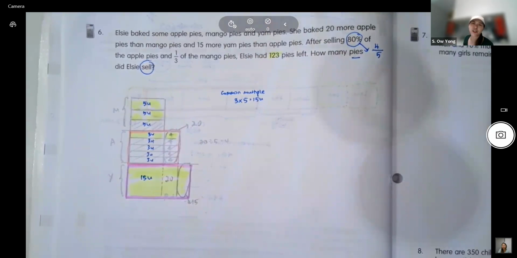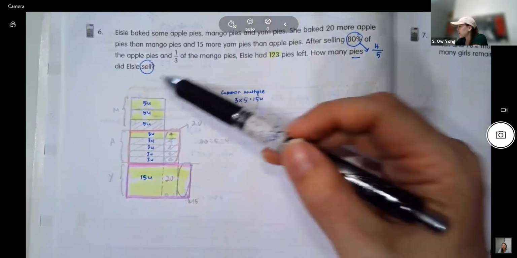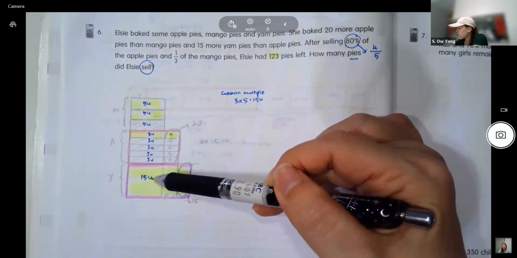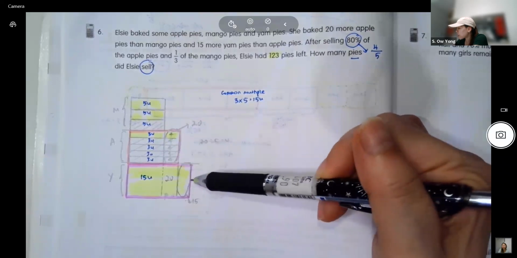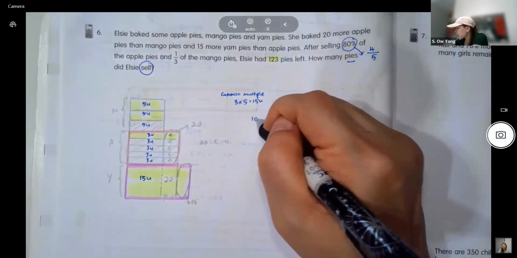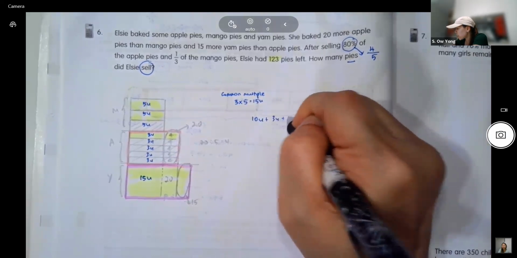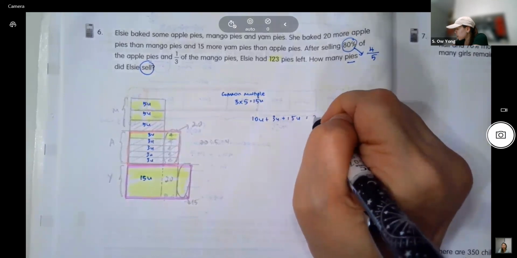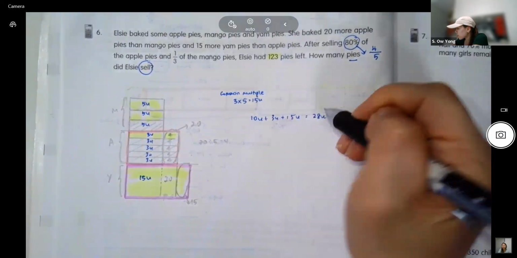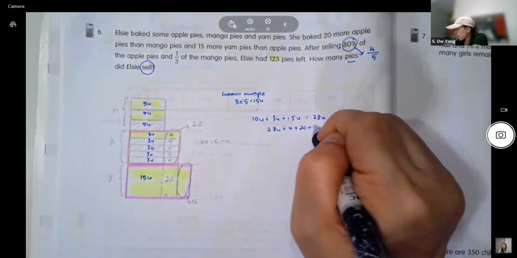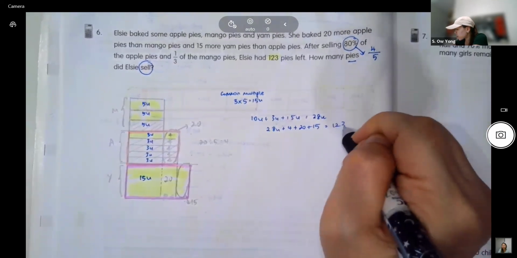It's a 4-mark question. You don't think that you can solve quite easily? So you add 10 units plus 3 units plus 15 units plus 4 plus 20 plus 15 gives you 123. You slowly add them. 10 units plus 3 units plus 15 units give you 28 units. 28 units plus 4 plus 20 plus 15 gives you 123.